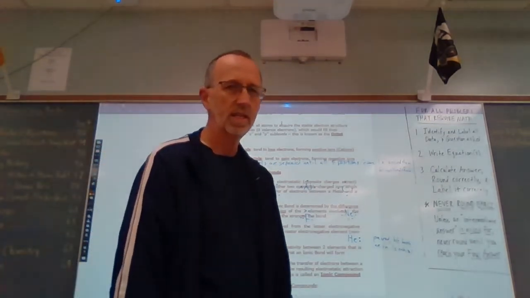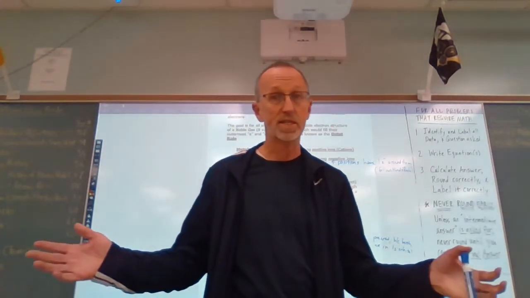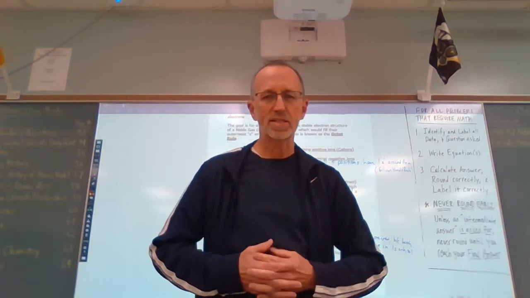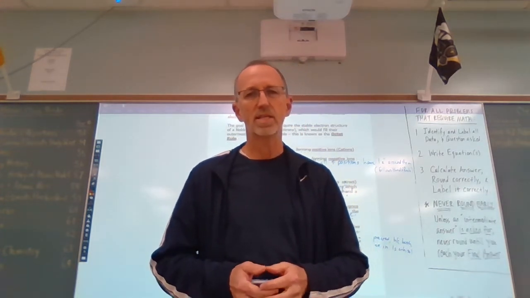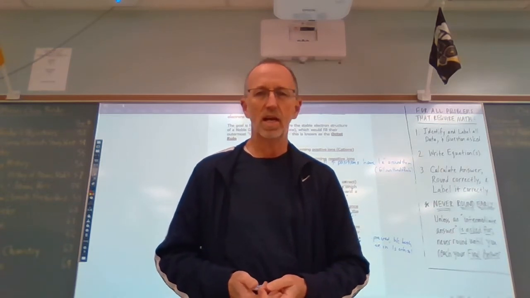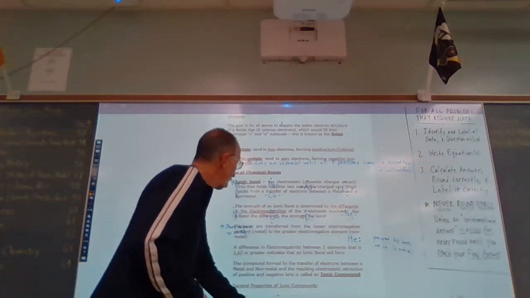Since hydrogen and helium are in period 1, they only have a 1s orbital to fill. Helium's is full. So hydrogen wants to have its 1s orbital full just like helium does as well. Okay. But other than that, every other element, we're looking at the octet. Okay.